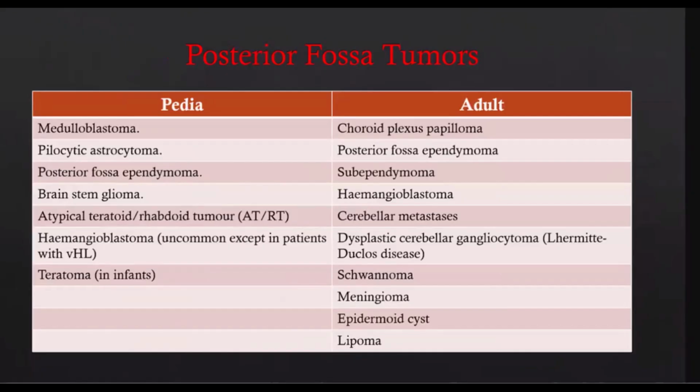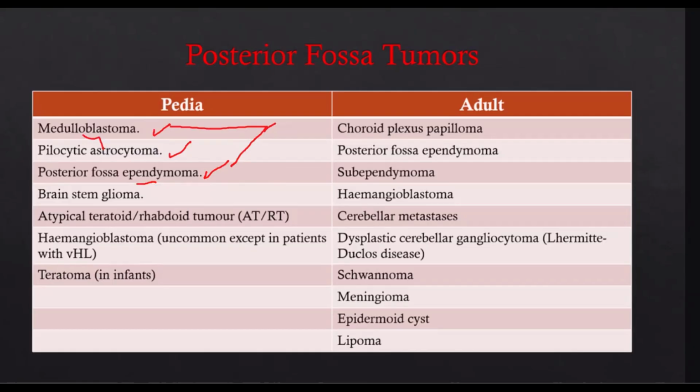emphasize some important points. As you saw with me, I focused today on the posterior fossa lesions. Once we have posterior fossa mass lesions, we should think medulloblastoma, pilocytic astrocytoma, posterior fossa ependymoma. Those should be differentiated. We will discuss how to differentiate between medulloblastoma and ependymoma.